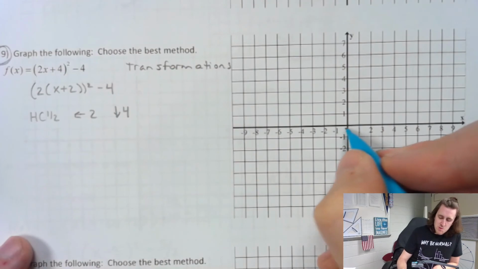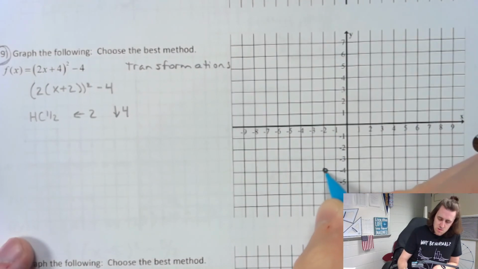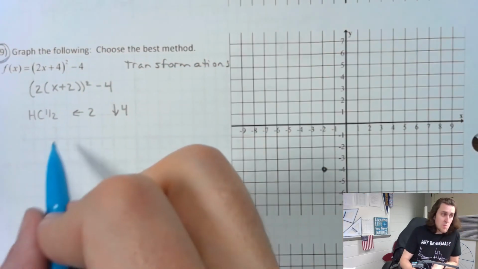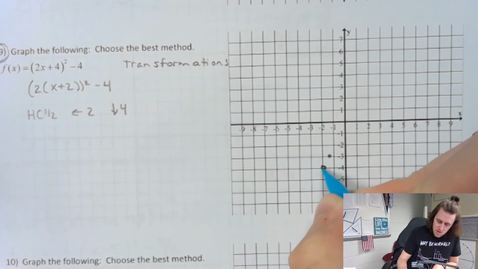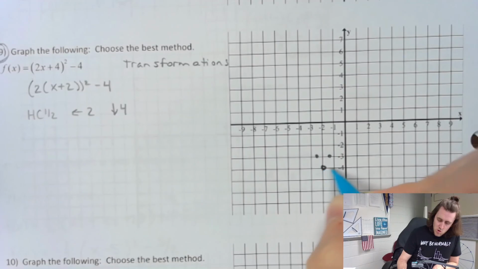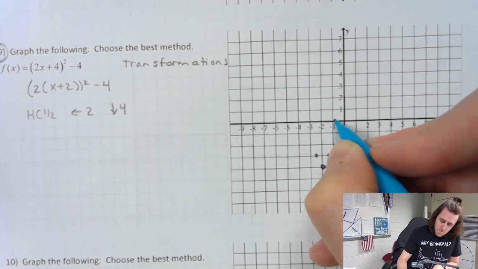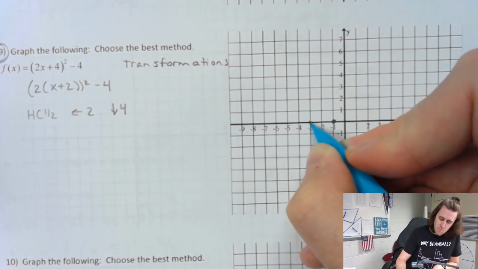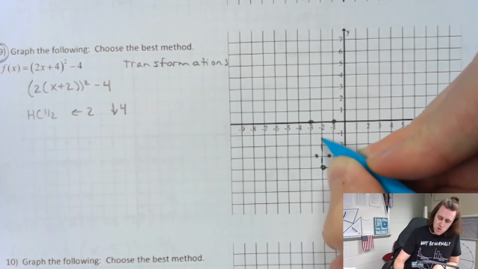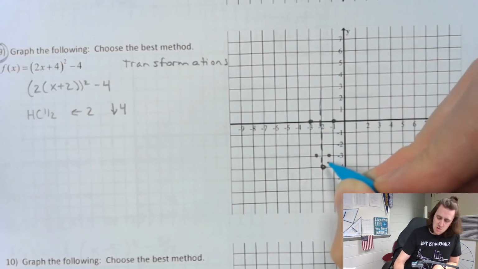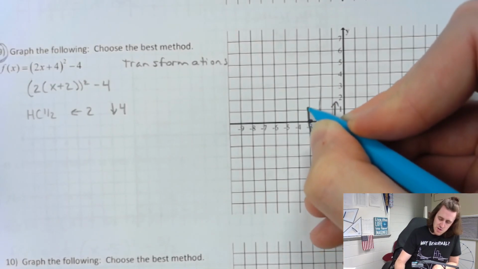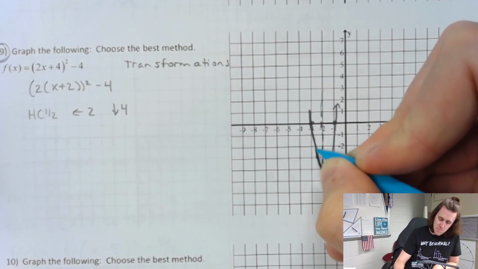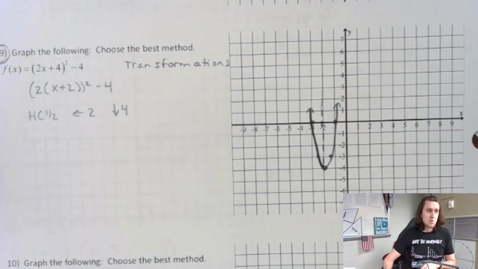So if we go left 2 and down 4, and then we're compressed horizontally, so over a half up 1, or over 1 up 4. Draw on your axis. Very quick to graph these if you're using transformations, especially if it's already in vertex form, because then you don't have to do any work.